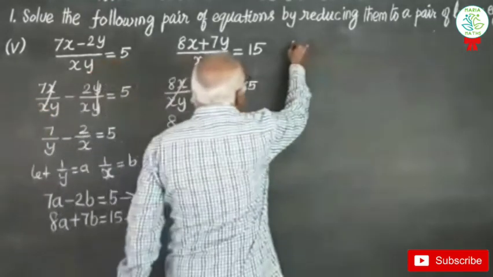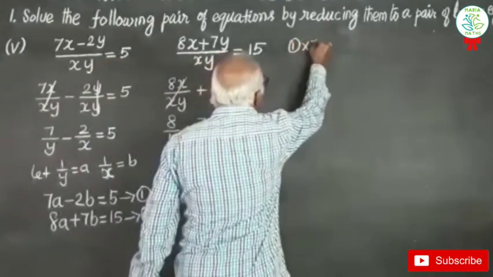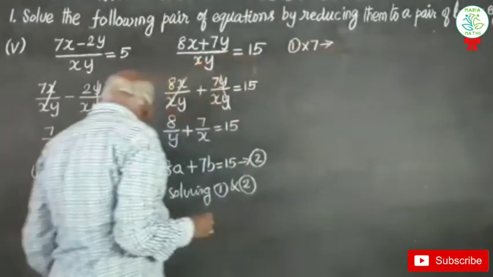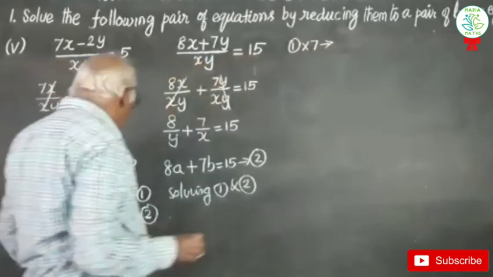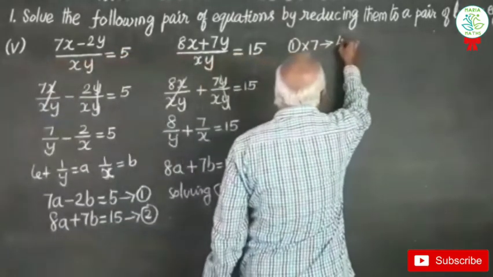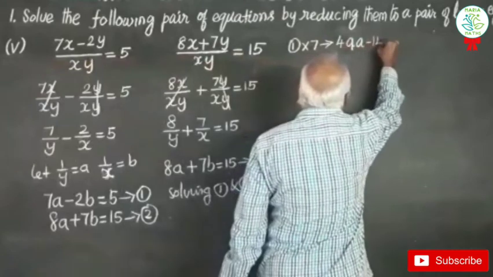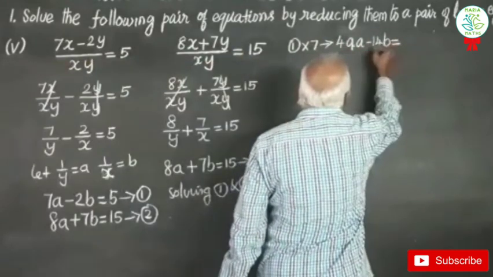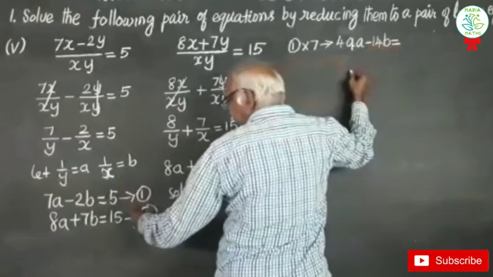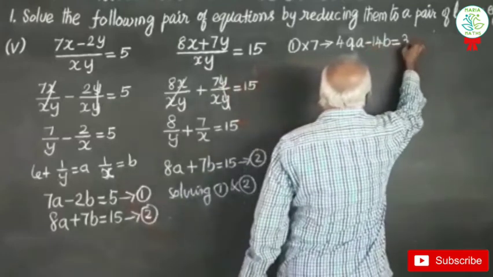So equation 1 into 7 implies 49a minus 14b is equal to 35.